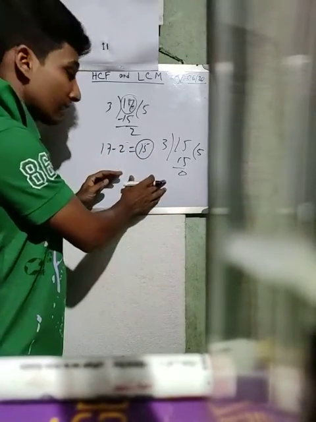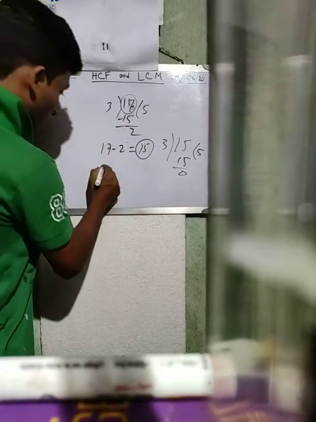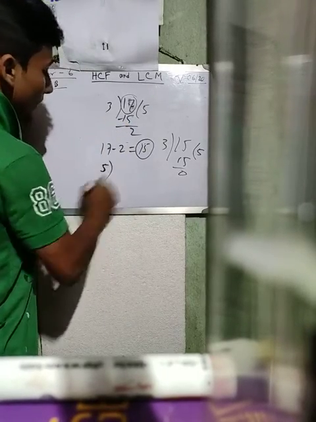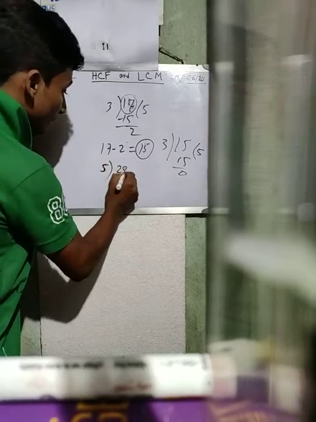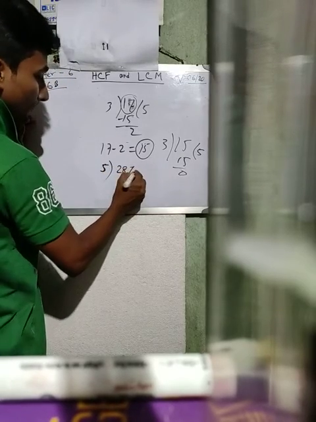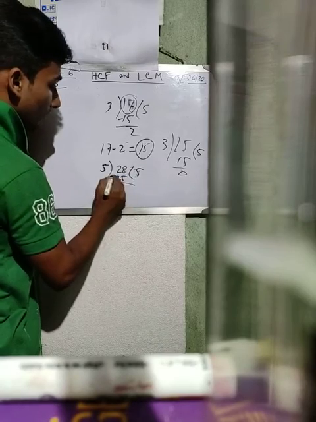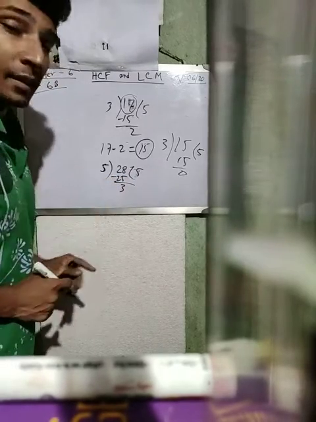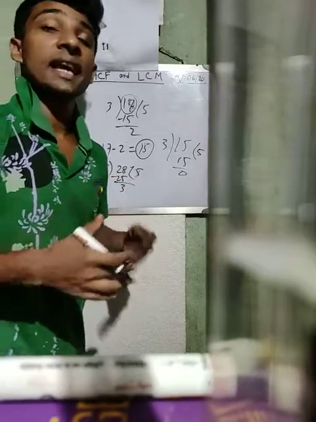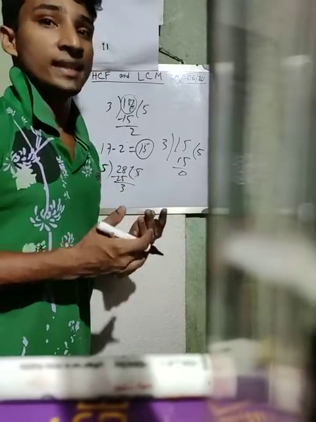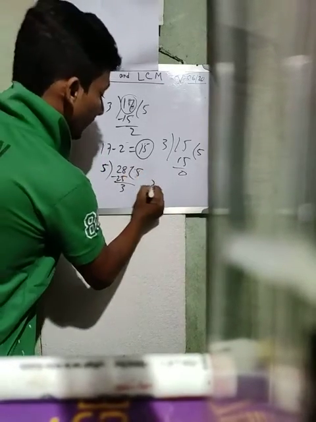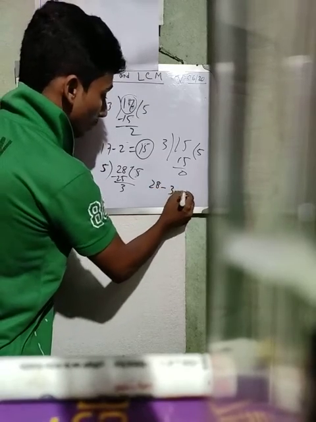Understand this with another example. Suppose we divide 28 by 5. 5 fives are 25, minus 3. So here 3 is the remainder. What is the number which is exactly divisible? 28 minus 3 is equal to 25.